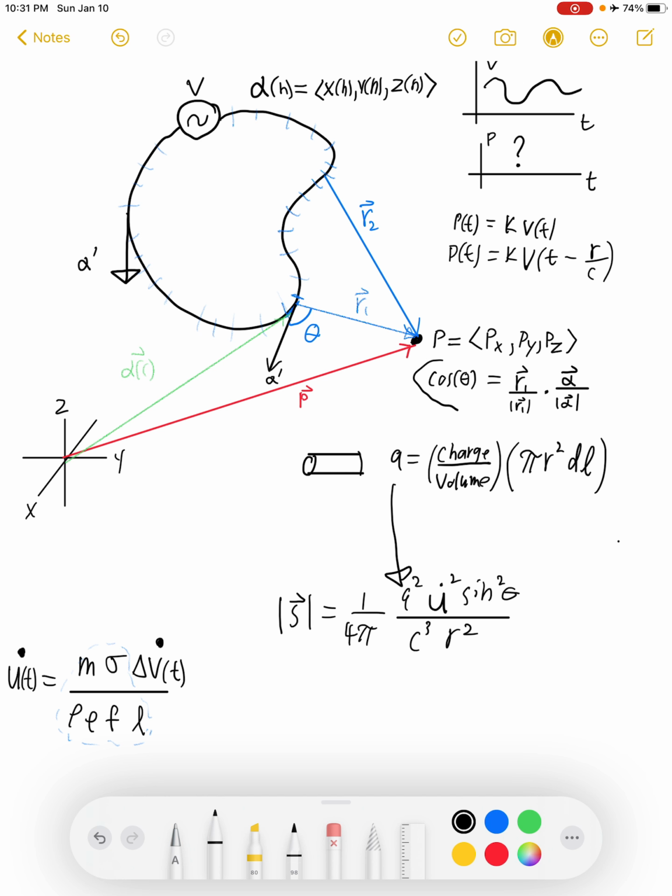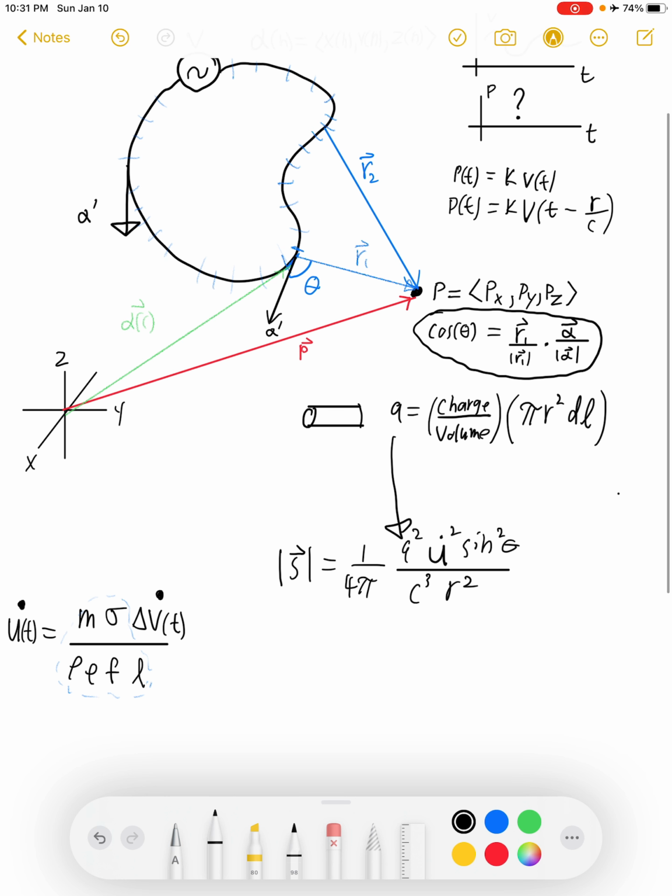All right, so we could say that cosine of theta is equal to this. Therefore, theta would be equal to the arc cosine of that. And we could do that. Now, what's R1? Well, I'll say that alpha plus R1 is equal to P. Therefore, R1 is equal to P minus alpha.